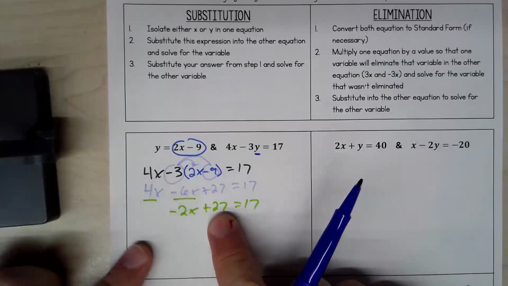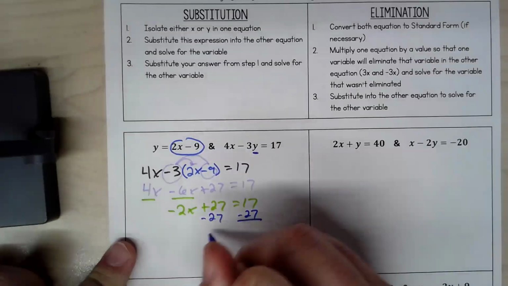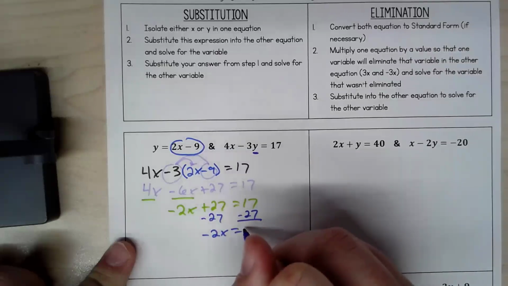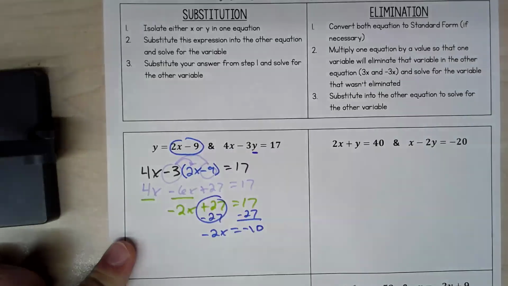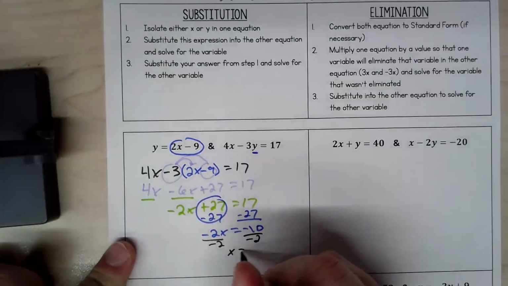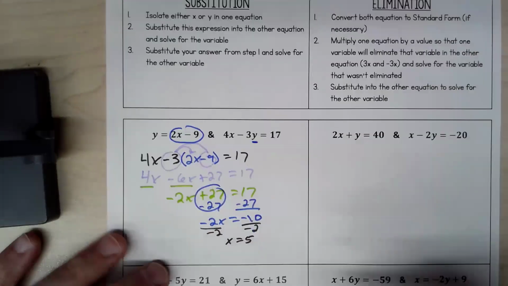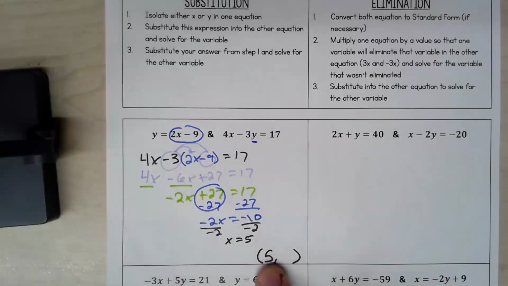So now I just gotta move my constant to the other side. Minus 27. I get negative 2x equals negative 10. And then our final step is, well, I gotta isolate my variable, so I divide by negative 2. x equals 5. So I know the x value of my solution is 5, right?